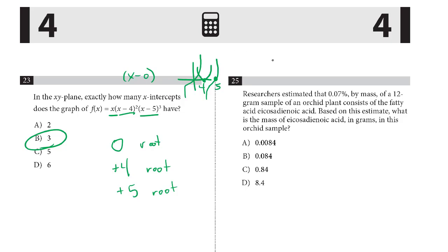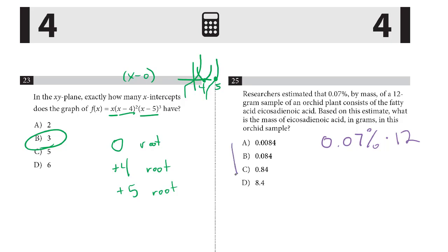Researchers estimate 0.07% by mass of a 12-gram sample consists of some fatty acid. Based on the estimate, what is the mass of that acid in grams in this orchid sample? Okay, so that means the percentage by mass of the acid times the grams of the sample, 12, will give us our answer.